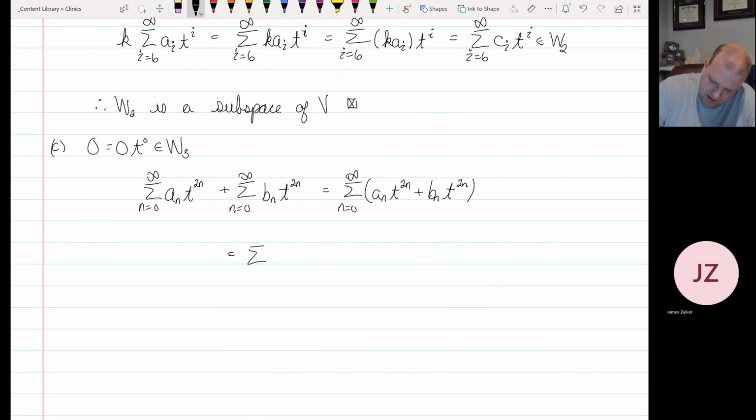And now using a similar argument as before, we find that it's going to be in W3, so it is closed.